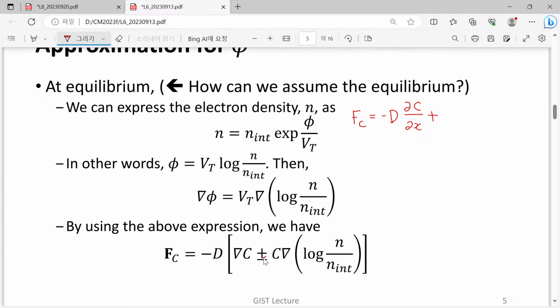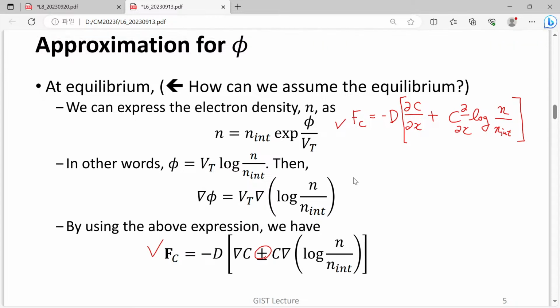Okay, so how about this? Now here we have the positive sign, so we must have C times the partial derivative of log n over n_int. Are you with me? This is just a three-dimensional version of our flux, and now we have a one-dimensional version of our flux. Then let's just evaluate it.